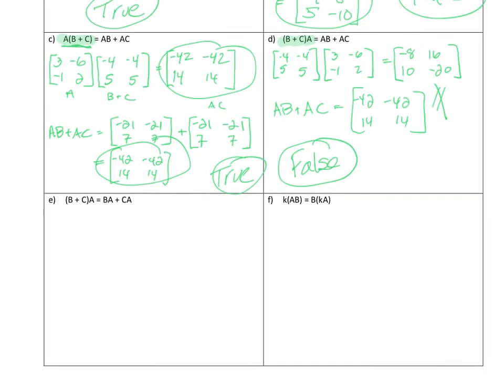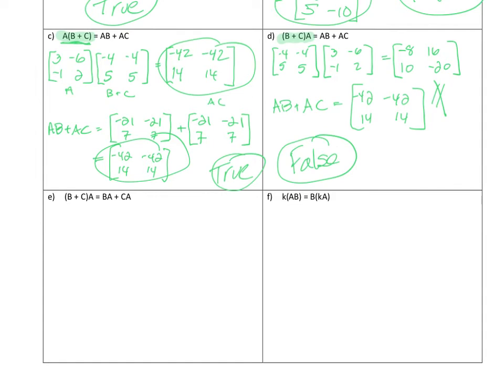Okay, so if the order of the multiplication matters, then if I want to do B plus C times A, then when I distribute my A, I can make sure the A stays on the right, and maybe this will work. Maybe this time I can make the distributive property hold. So B plus C times A, I know is this matrix right here. I've calculated it already.